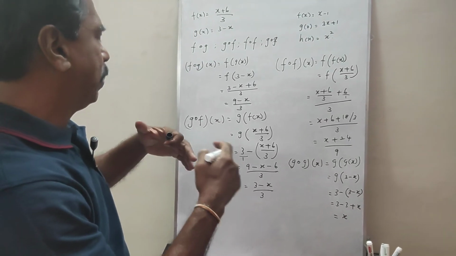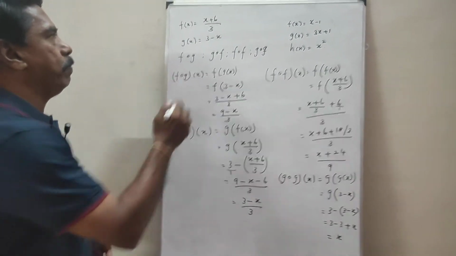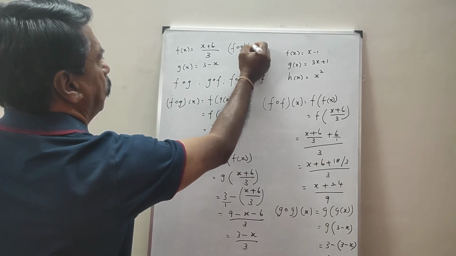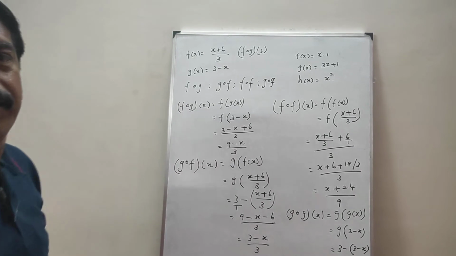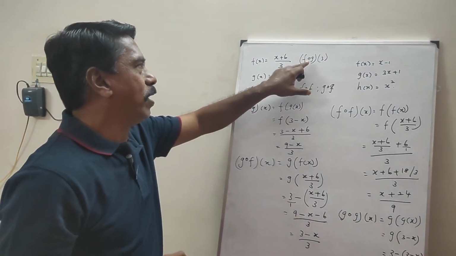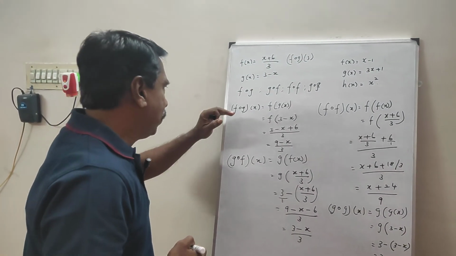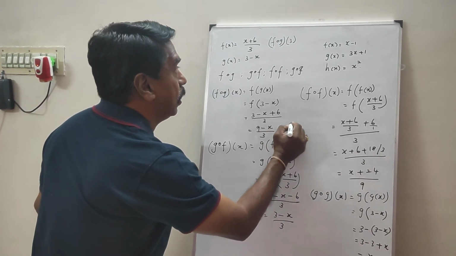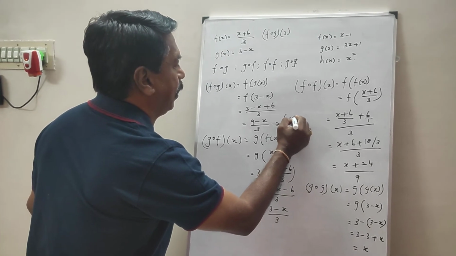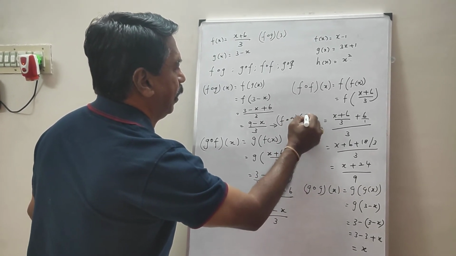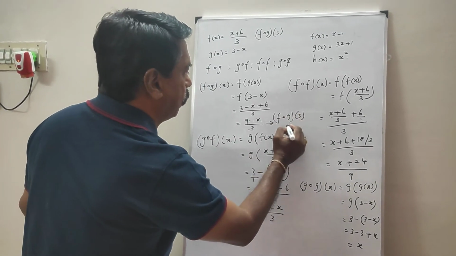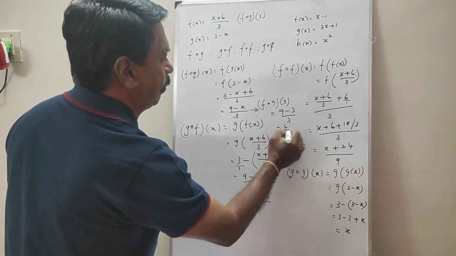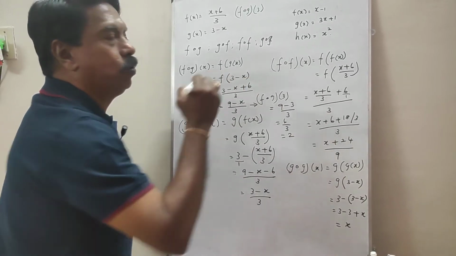If you go one step further, sometimes they will ask what is f dot g of 3. How to find f dot g of 3? You find first f dot g of x, and from this answer we can find f dot g of 3. That is, in place of x, you put 3, you will get (9 minus 3) divided by 3, that gives 6 by 3, that is equal to 2.